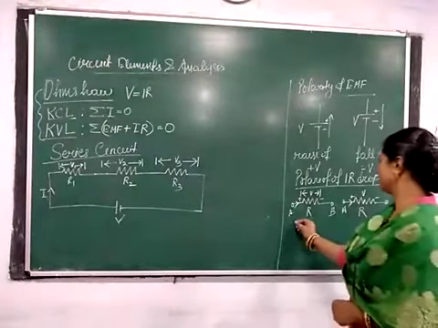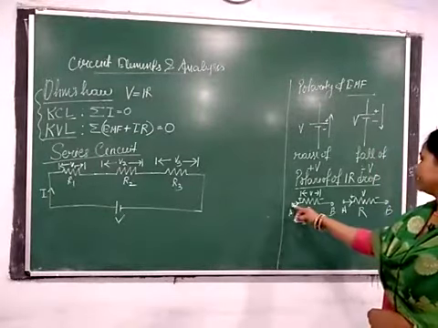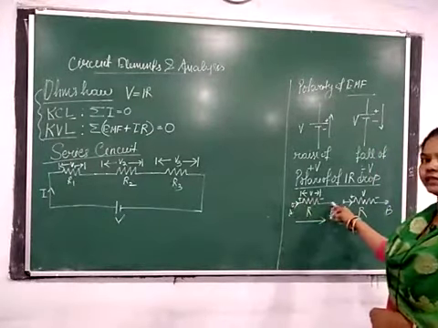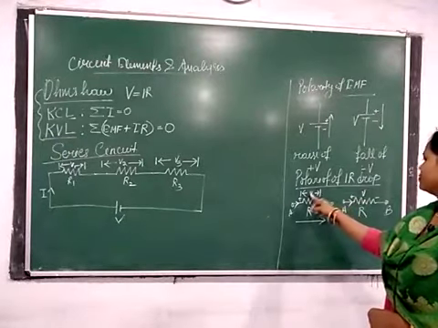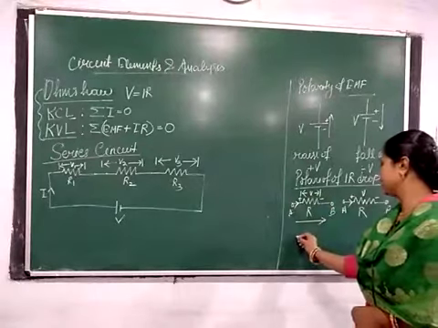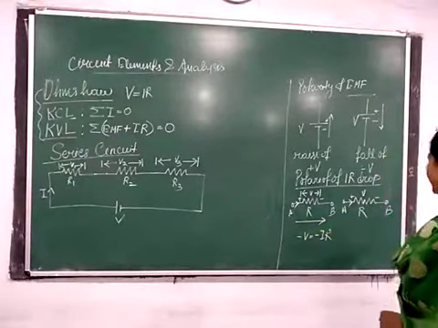If your motion is from A to B, in the same direction as the branch current, then the polarity of this voltage V is minus, that is, minus IR.